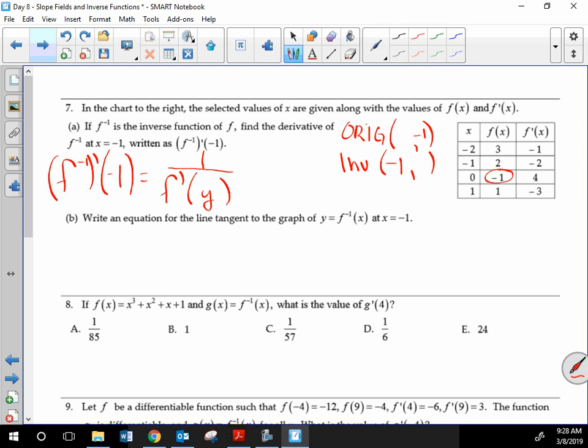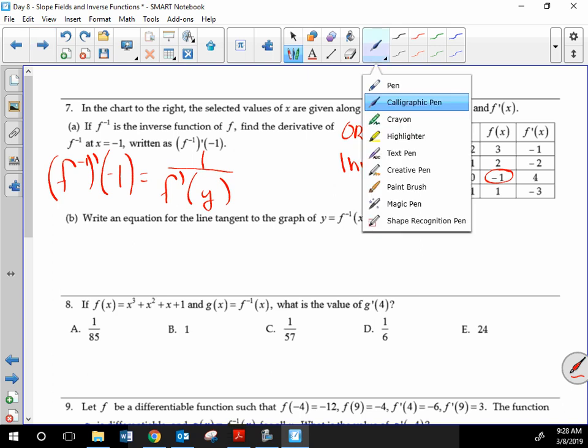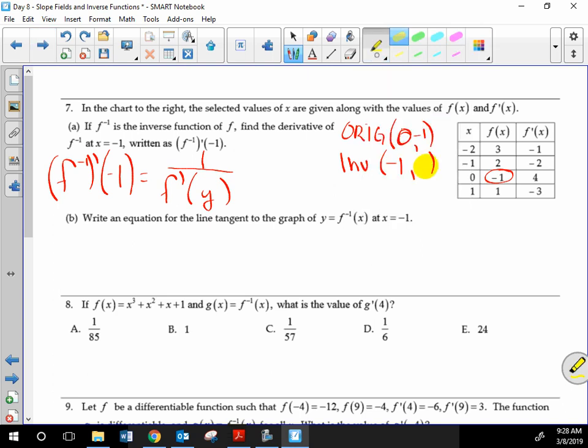Okay, what's my x value that goes with it? 0. Okay, so that is going to be the y value that I'm putting in. So I got 0. So I want to evaluate this then at 0. Okay, so this is just 1 over, what's f prime at 0? 4. Right here. 4. Questions with that?